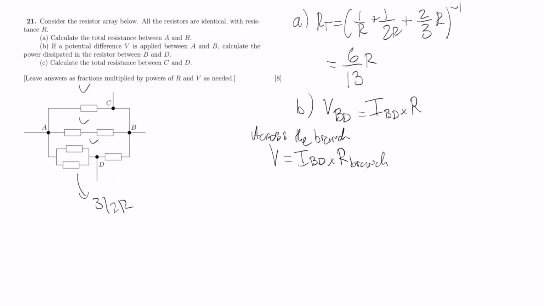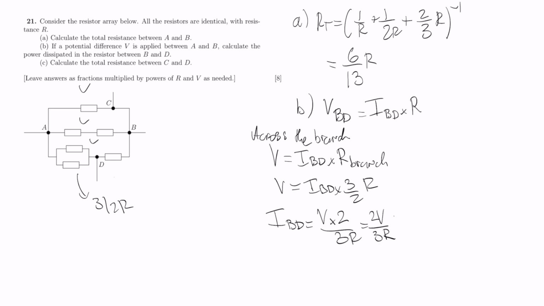So what I'm going to get is that V is equal to IBD multiplied by 3 over 2R, meaning that IBD will be given by V multiplied by 2 divided by 3R. So that will be 2V over 3R.